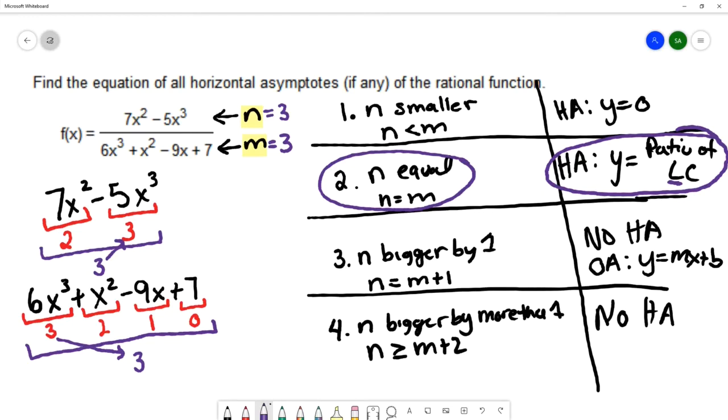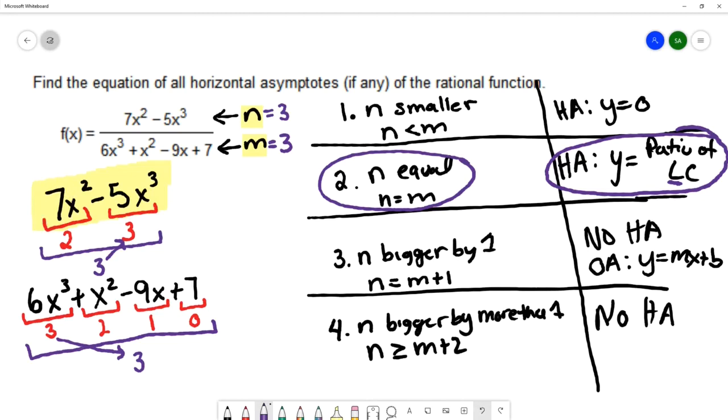Leading is only first when you write your terms in descending order. This numerator has not been written in descending order, so you might, by mistake, identify 7 as the leading term, and that would be wrong.